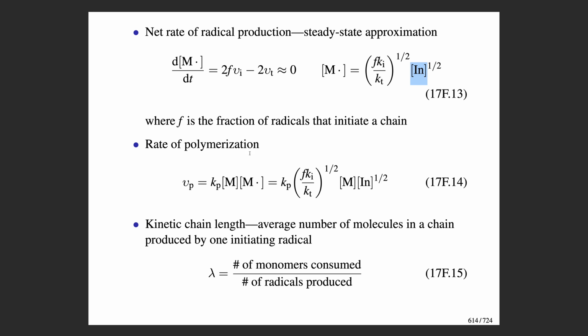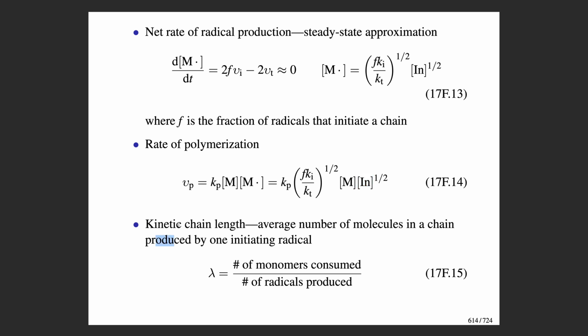So we can take this, substitute it into our expression for the rate of polymerization, and we get that the rate of polymerization is proportional to the concentration of the monomer times the concentration of the initiator to the square root.